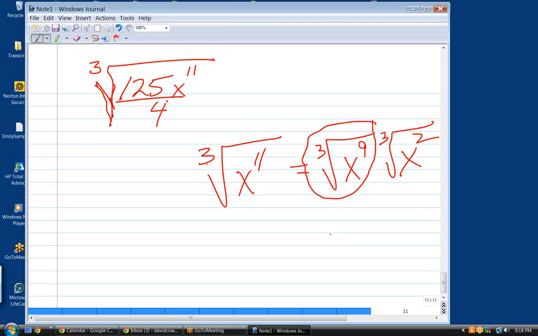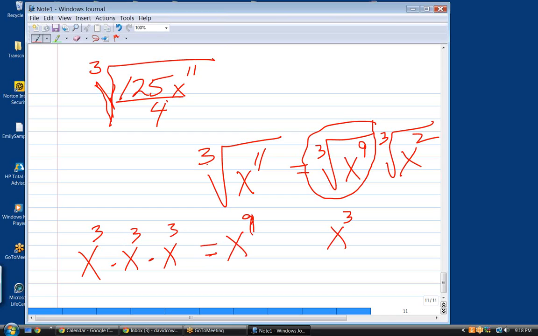Because I can turn that into what? That is x to the 3rd. When you take the cube root of x to the ninth, you get x to the third. Remember what the cube root is. It's x to the third times x to the third times x to the third. When you're multiplying same base, different exponents, you add the exponents.